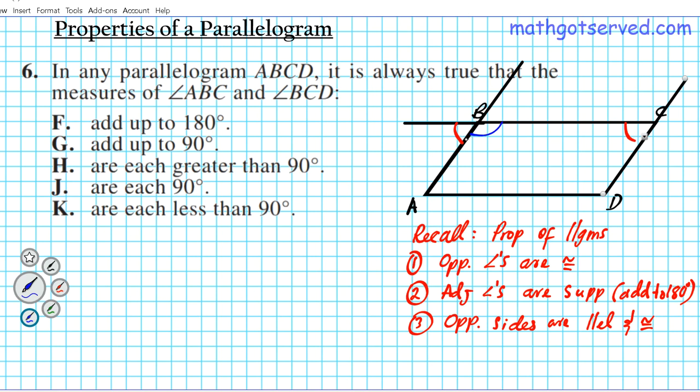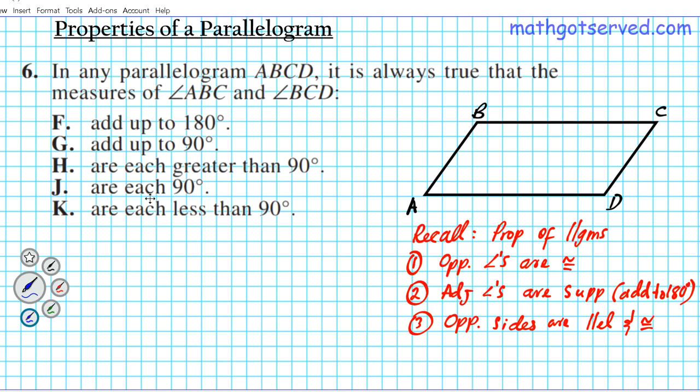But since this angle is congruent to that angle and is supplementary to this angle, ABC, it automatically follows that ABC is also supplementary to BCD. That shows that adjacent angles of a parallelogram, basically angles that are next to each other, always add up to 180 or are supplementary.